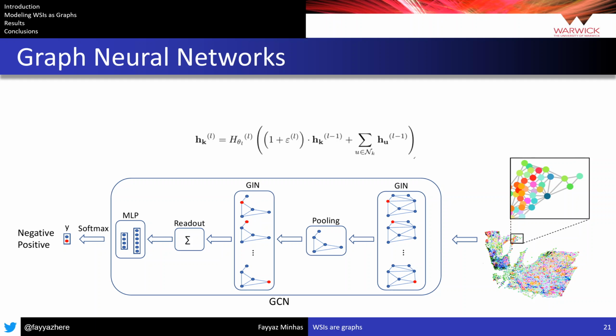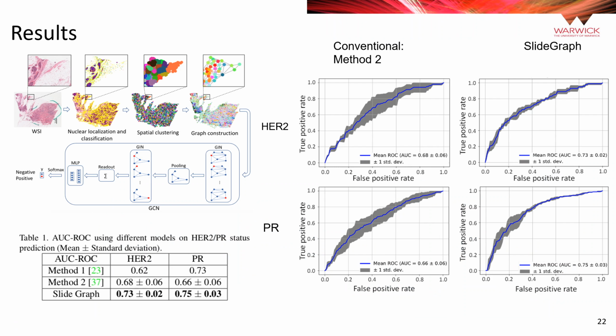They can be trained for a given labeled data set, and we can then generate test predictions for a given whole slide image. So this is the overall workflow. We take a whole slide image, make a graph out of it, and then feed that graph into a neural network, which is trained on a set of images. Once we have this trained neural network, we can then test it on unseen data.